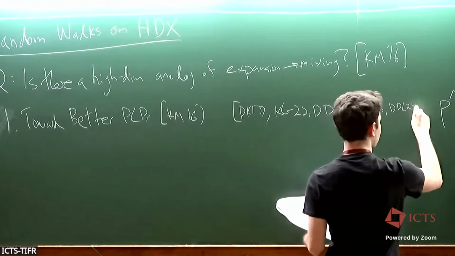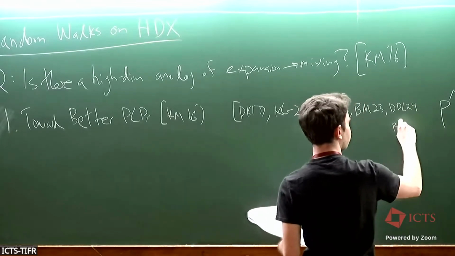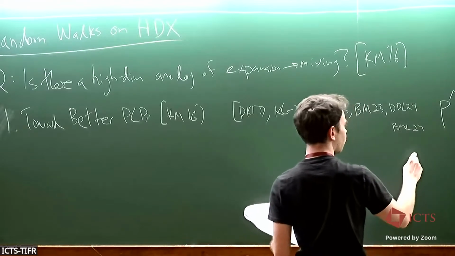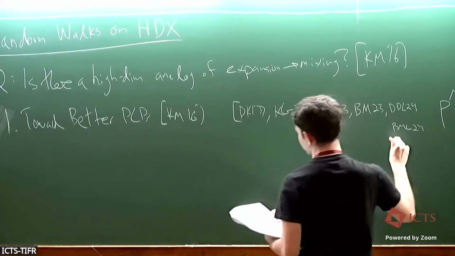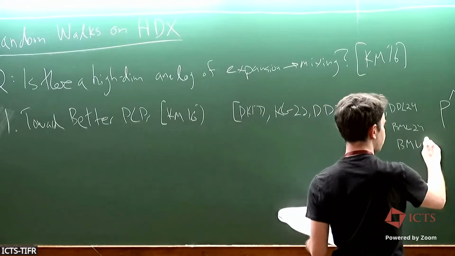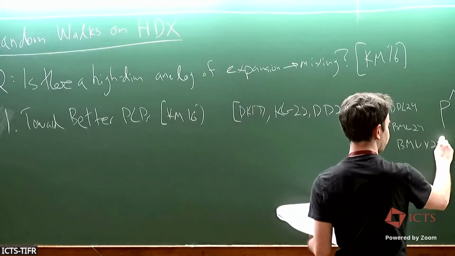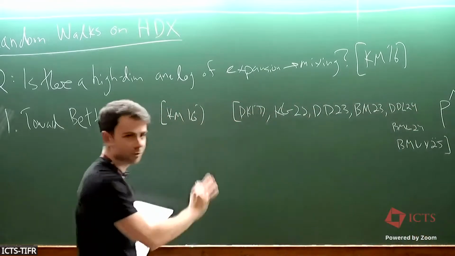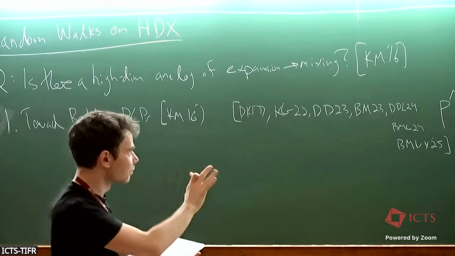Does anyone know? One of those years. Bafna Minzer Lifshitz 24, and then finally the actual PCP constructions coming out of all of these things is Bafna Minzer Vossoon 25.